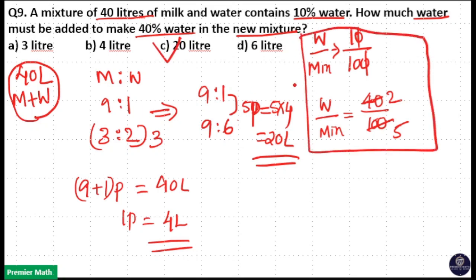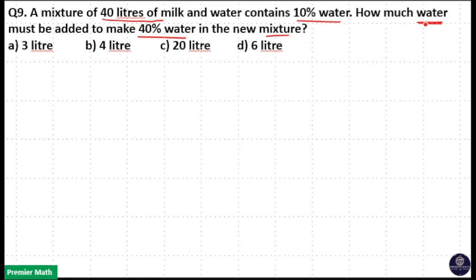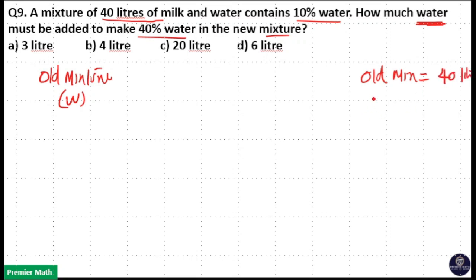Here we have done it in the ratio method. So we will do it in the alligation method now. Here water is being added, so the new liquid is water. The old mixture is 40 liters and it contains 10% water, that means 90% milk.